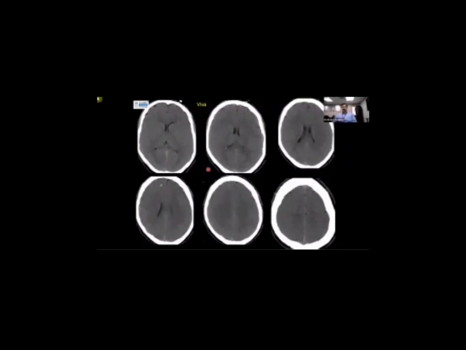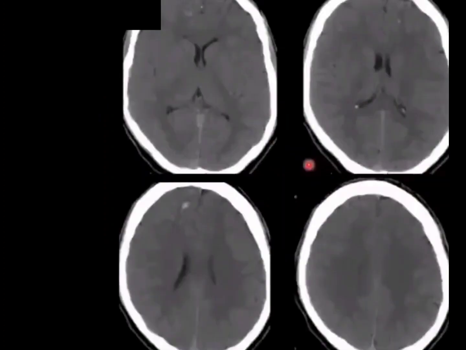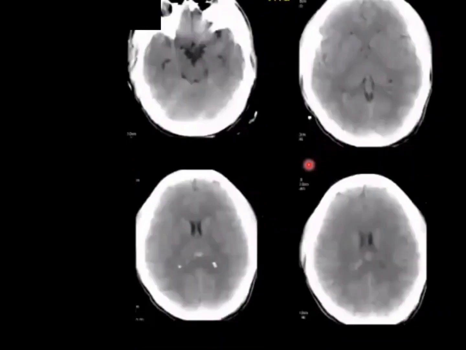Please also remember that there is a concept of hemorrhagic diffuse axonal injury and non-hemorrhagic. You might get a completely normal scan because CT might not pick it up when there is no hemorrhage. So if you're a neurosurgeon and you get a road traffic accident with a normal CT and a Glasgow coma score of 4, you presume that this is diffuse axonal injury.